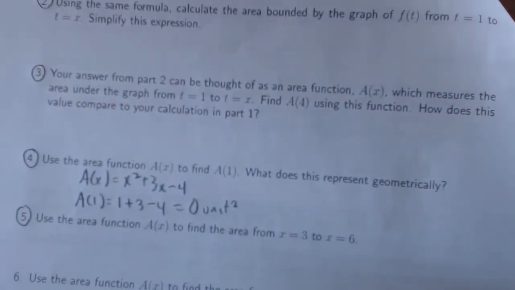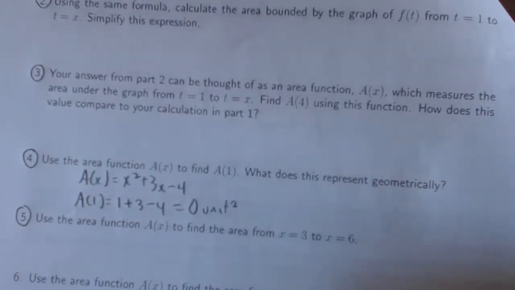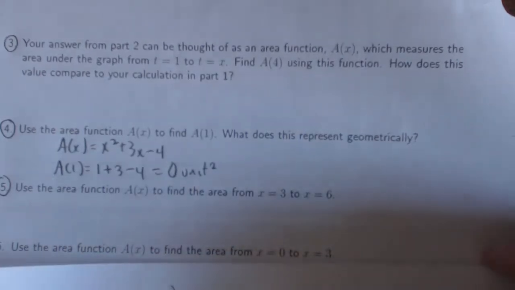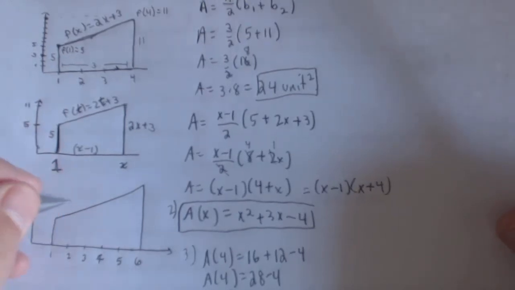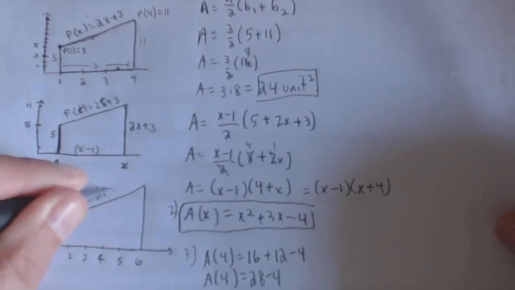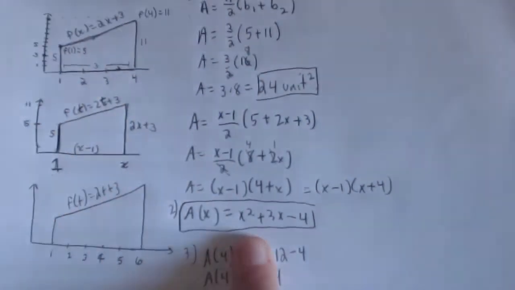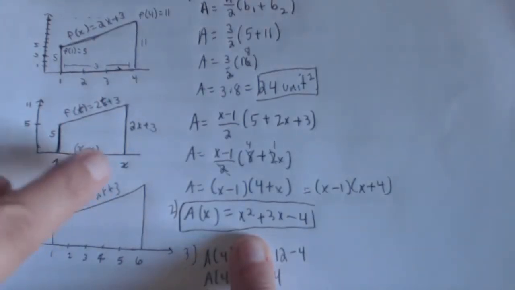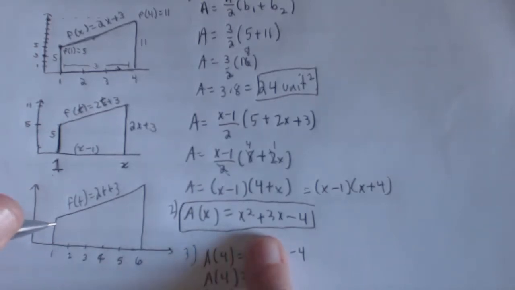Okay, question 5 says use the area function A of x to find the area from x equals 3 to x equals 6. Well, this function right here, this is f of t equals 2t plus 3. This function right here only gives us the area from 1 to x. So what we have to do is be clever about it.